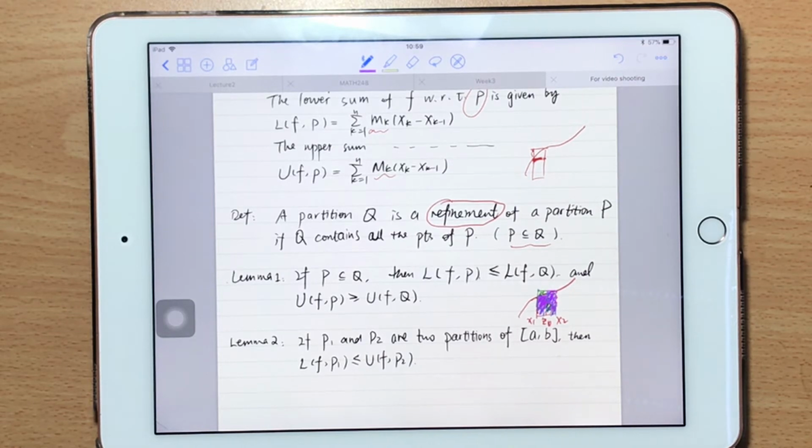I think this is quite straightforward because when you take the lower sum, you always take the infimum, and when you take the upper sum, you always take the supremum, and the supremum will be larger than or equal to the infimum in every small subinterval, right?